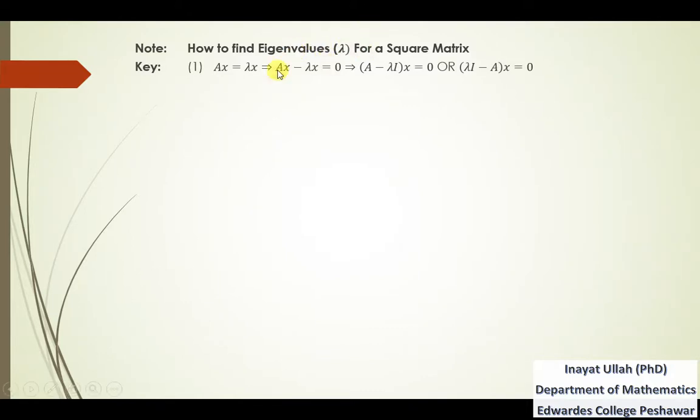As lambda is the eigenvalue, from the previous slide we can write Ax is equal to lambda x.